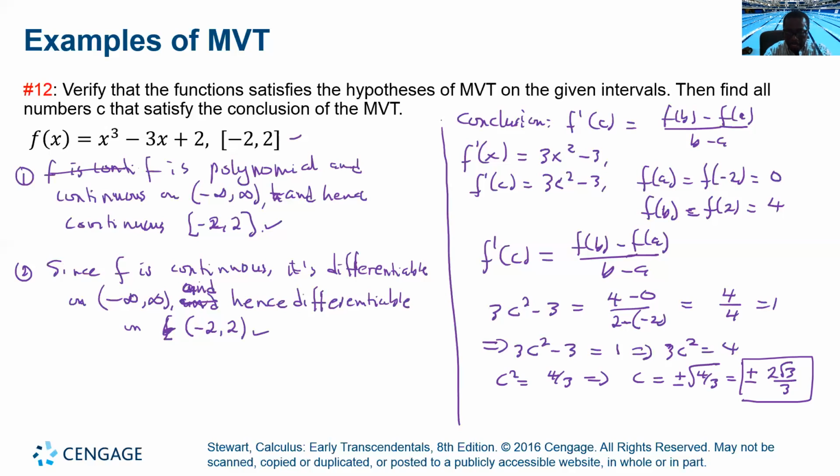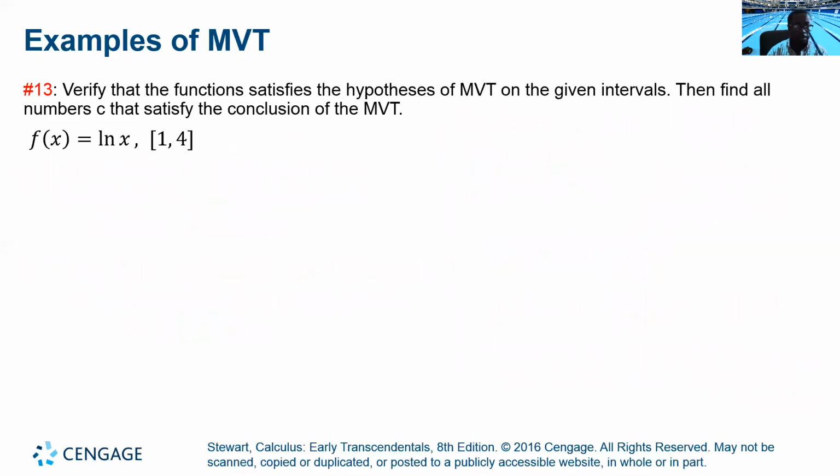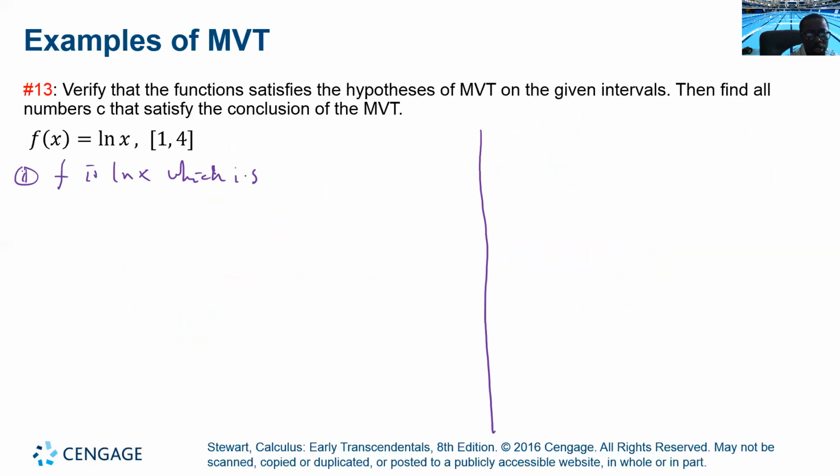Okay, let's take another example. Here's a natural log. So what's the domain of a natural log? f is the natural log of x, which is continuous on its domain, 0 to positive infinity.